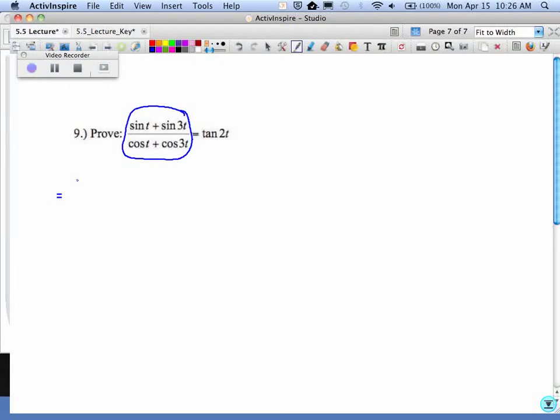The one that is the very top one. So you're working with that top one. It goes 2 times the sine, add them together, divide by 2, cosine, subtract them, divide by 2. Right? 2 times the sine times the cosine.